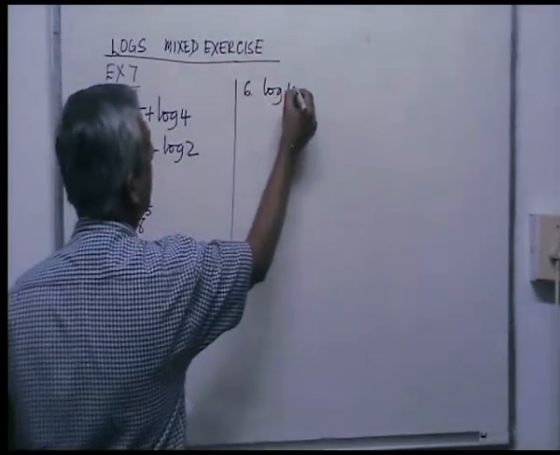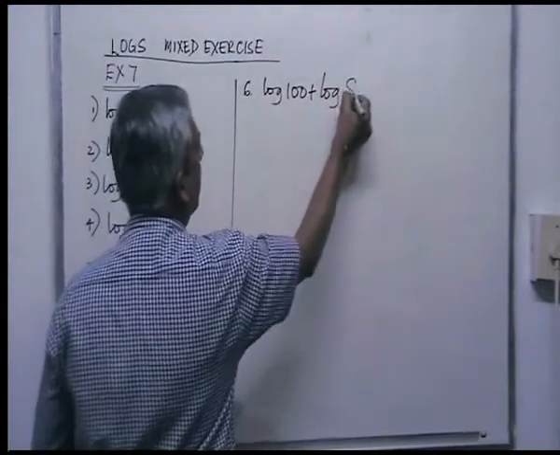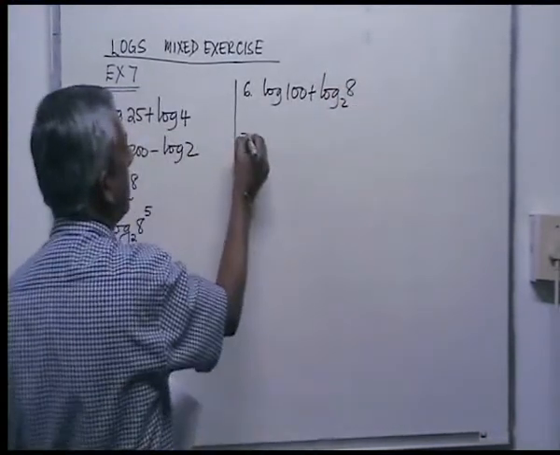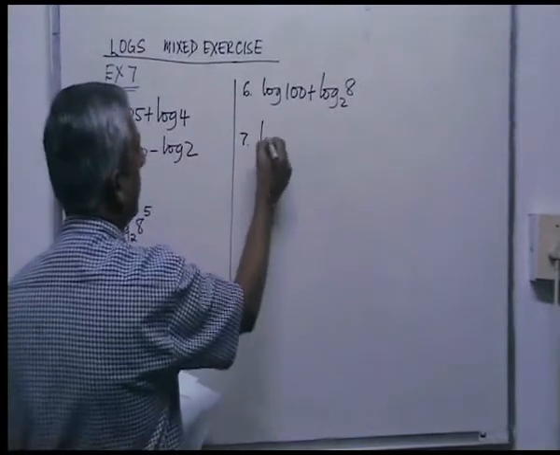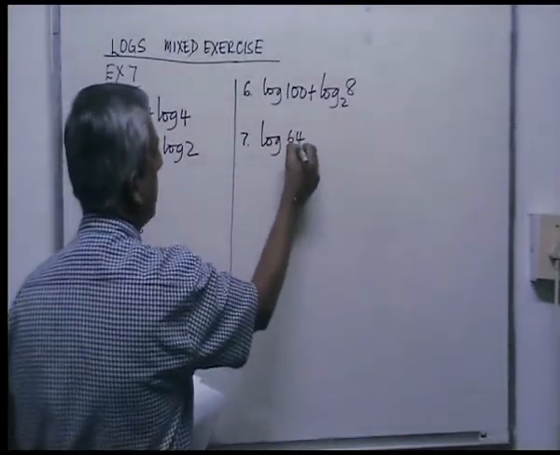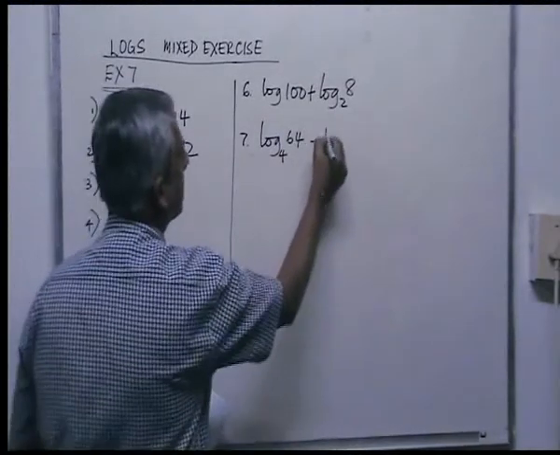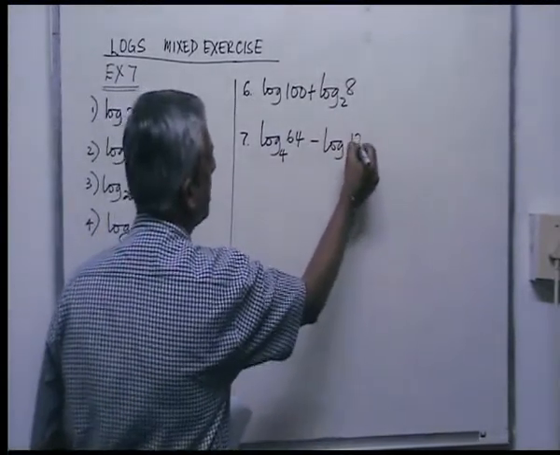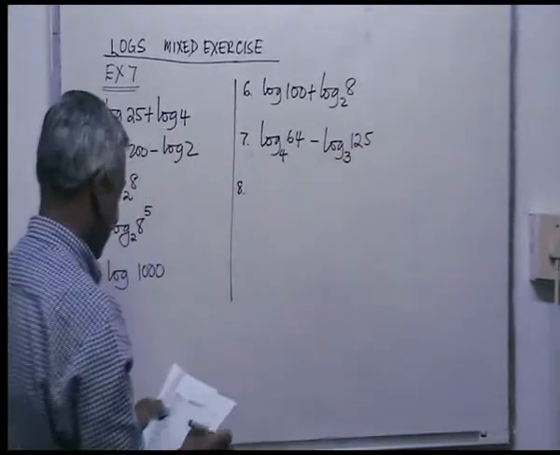Log of 100 plus log of 8 to the base 2. Number 7. Log of 64 to the base 4 minus log of 125 to the base 3. Number 8.